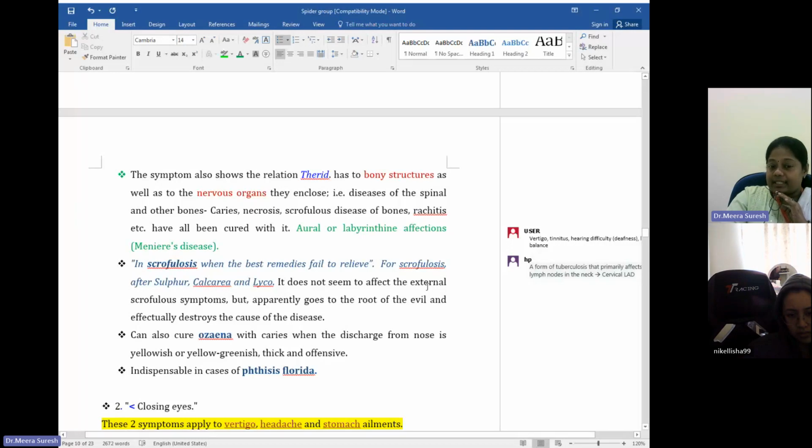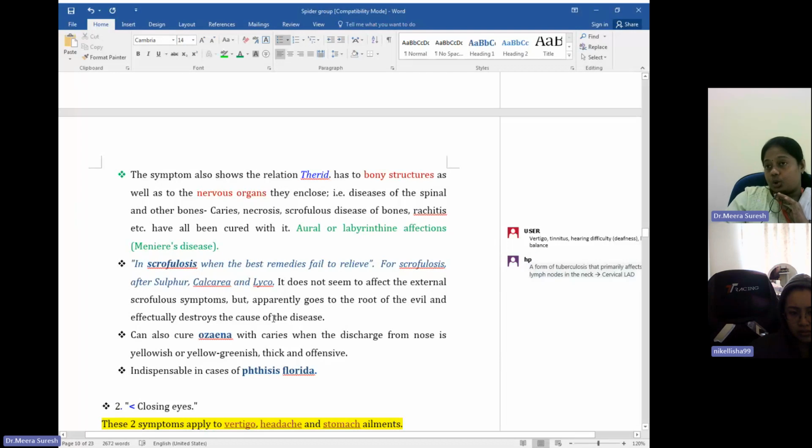So in case the patient is having scrofulosis, a condition where there is even lymph node enlargement, TB with lymph node enlargement, in that condition, we know that sulfur, calcarea, lycopodium. TB and lymph node enlargement means it will come to the tubercular miasm, the psoric and the sycotic.